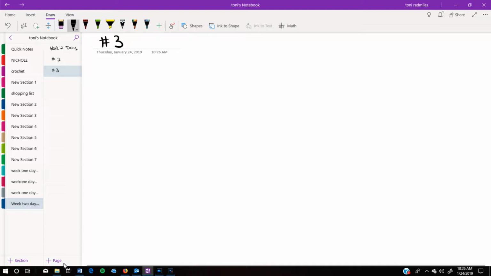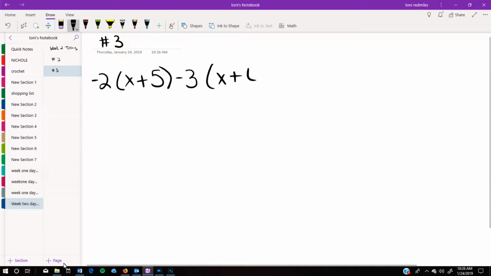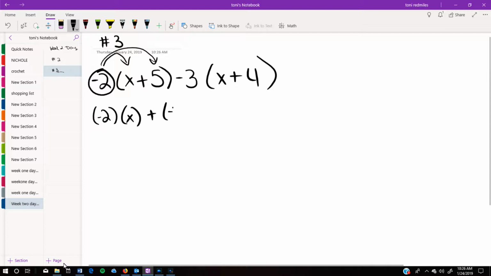This one is a large one. I have 2 distributings I have to do in this. And remember, I have to take the whole thing, the whole negative 2 through. So it's going to be negative 2 times an x, drop down my plus, negative 2 times the 5.